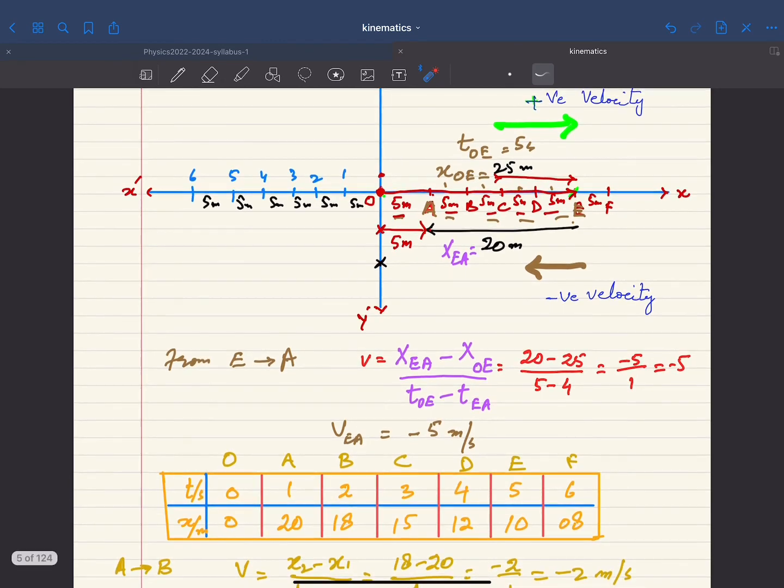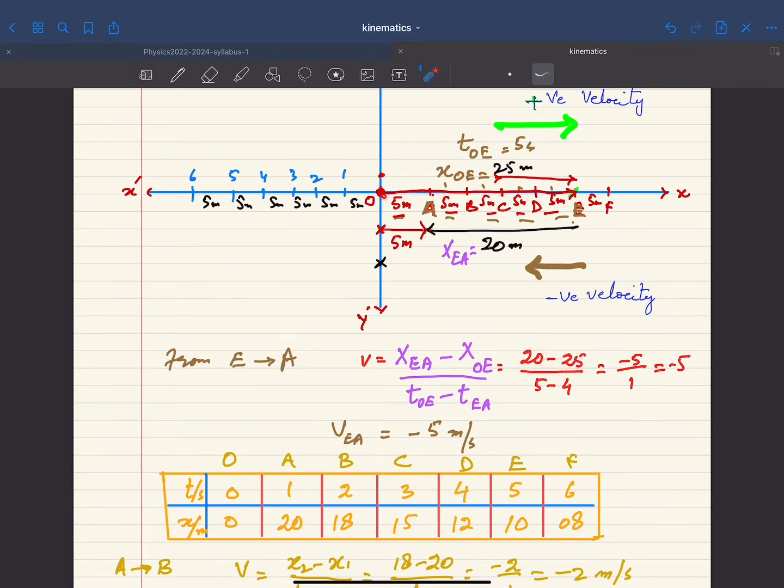Now the point is that if you are moving from E to A, then what will be the situation? Simply you can say that the original distance is your OE, that is 25, and your final displacement is EA. So EA minus OE is 20 minus 25.